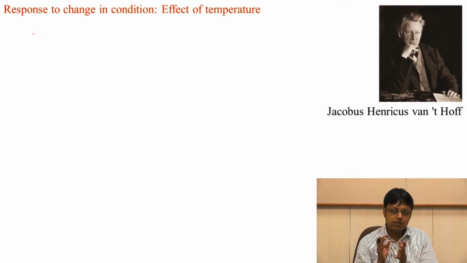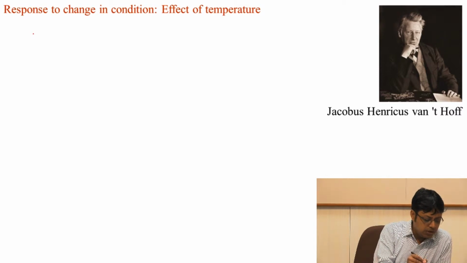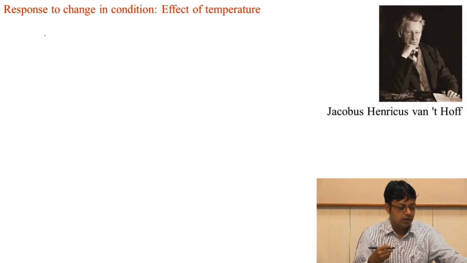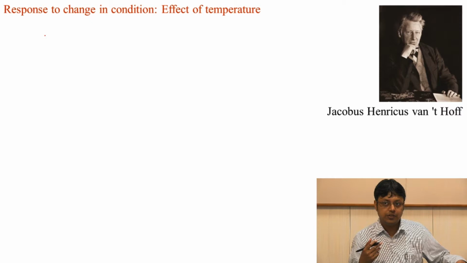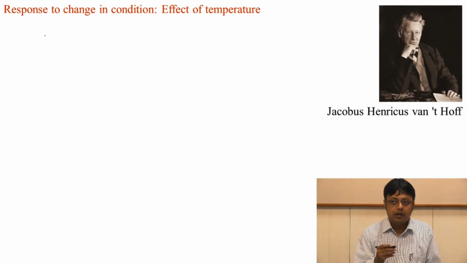Now we're just going to discuss the Van 't Hoff treatment of how temperature affects the equilibrium constant. What we are going to do is already known to you. We talked about how the reaction free energy varies with temperature.